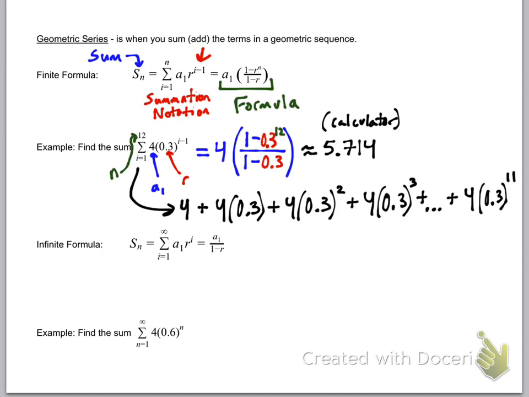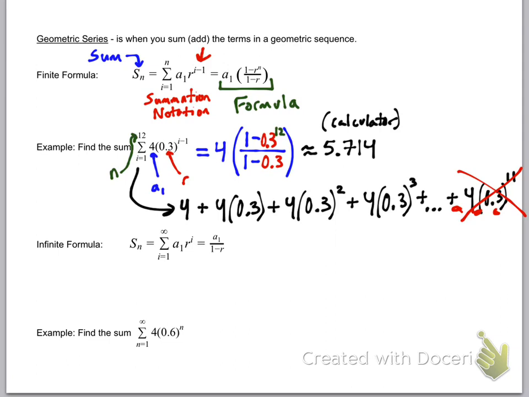Well, that is great, and that's a finite series, but what if that kept going? What if we cross this out, and we just put dot, dot, dot, like those keep on going forever? That actually sometimes adds up to infinity, but a lot of times, especially when r, or always when r is less than 1, it will add up to something that converges.